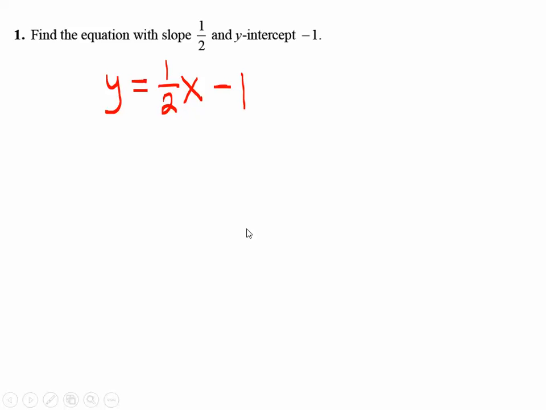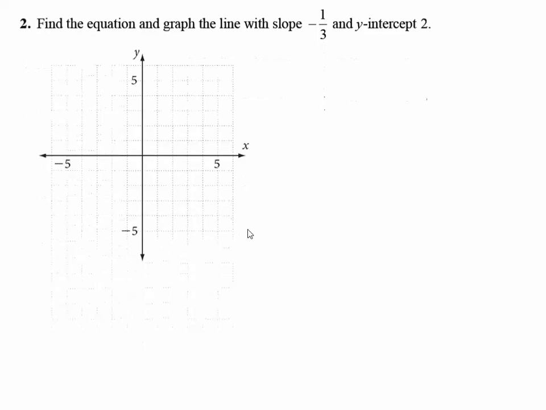Cool, okay, so we know the position there. Let's go with two graphs as we do it together. We're going to find the equation first, set up the equation, and from the equation let's graph this line.